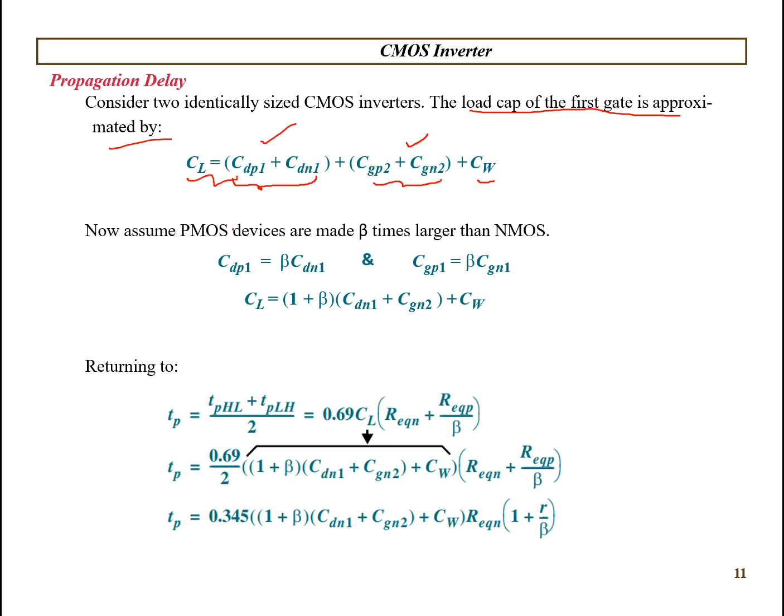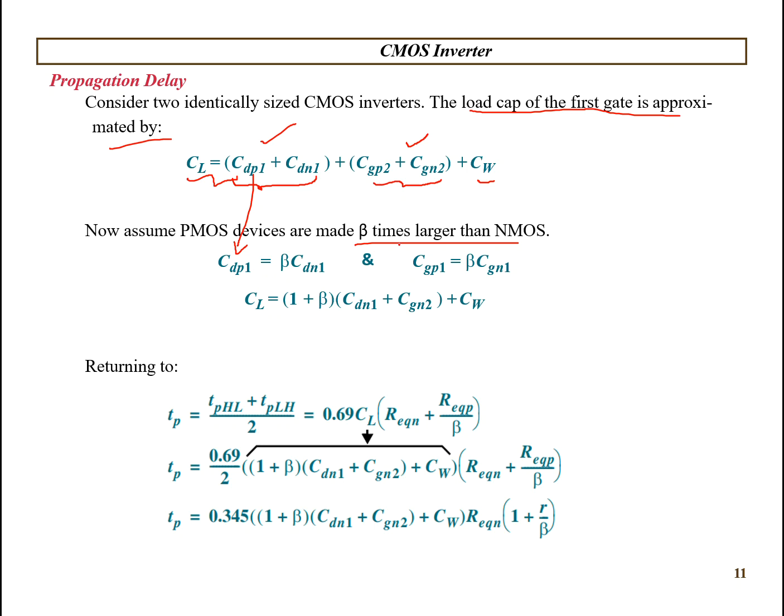Now we know that our PMOS devices are made beta times larger than our NMOS. If this is so, CDP1 can be written as beta into CDN1, because your PMOSFET is beta times greater than your NMOSFET. Hence we are writing CDP1 equal to beta into CDN1.